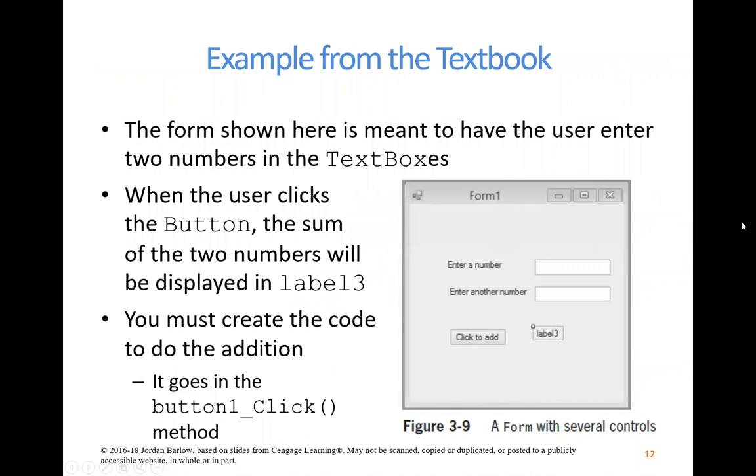So an example that the textbook gives, which I'm going to replicate in this video, is where a user inputs two numbers into two respective text boxes, and then when the user clicks on the button, the sum of the two numbers will be displayed in the label. Okay? So the code to actually do that addition goes in the button click method.